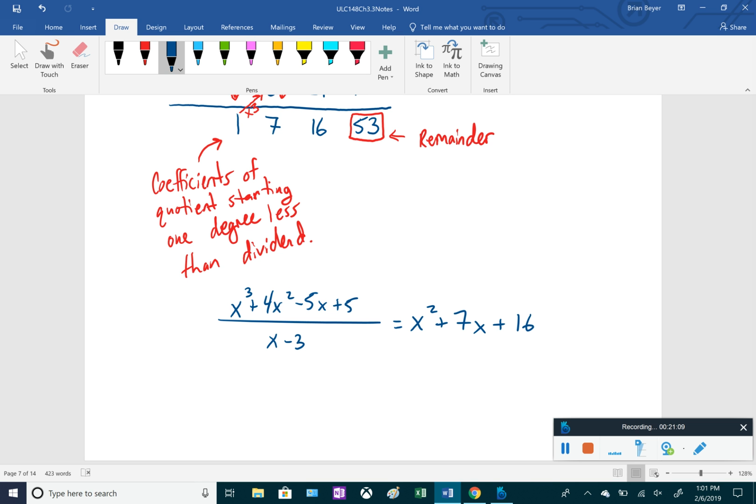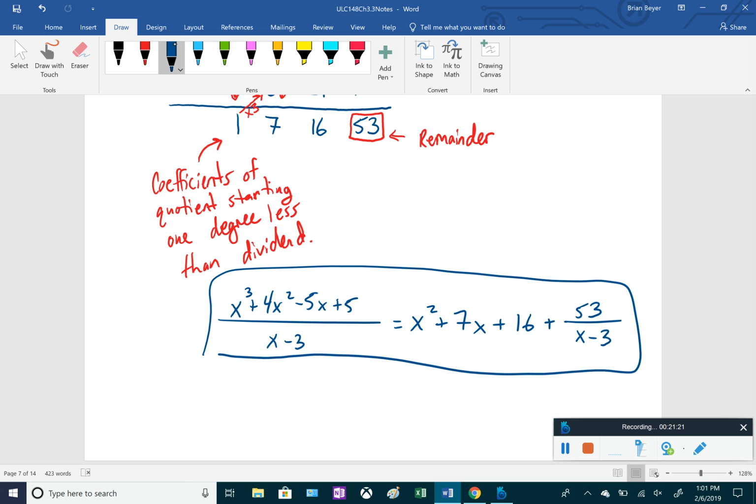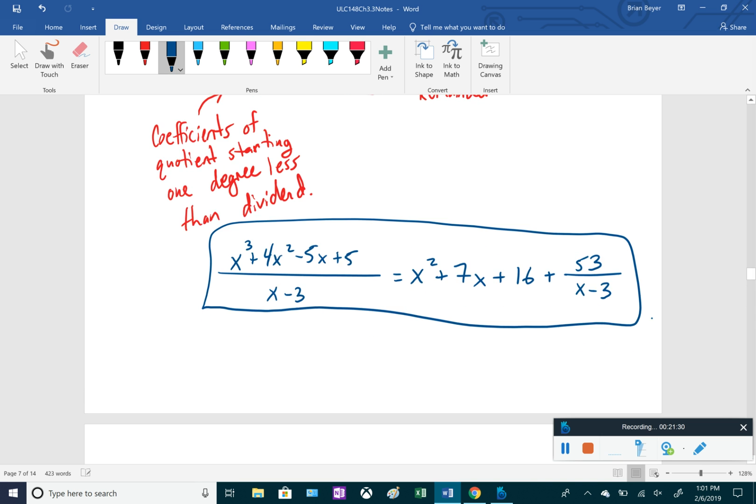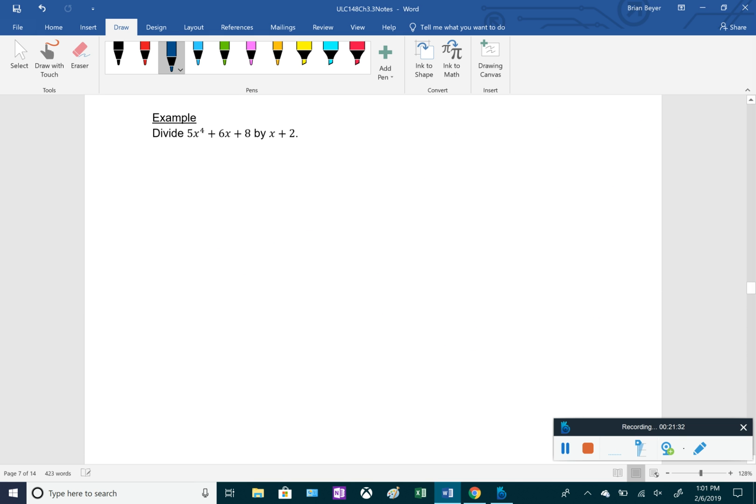So you can see how we just go right down with the degrees, degree 2, degree 1, degree 0 for the constant, plus the remainder over the original divisor. So probably didn't seem that short just because I had to explain every single step, but that's how you do synthetic division. So let's do 2 more of these.